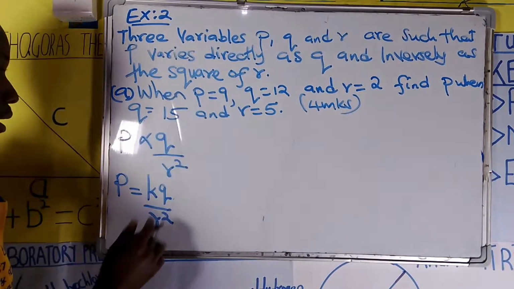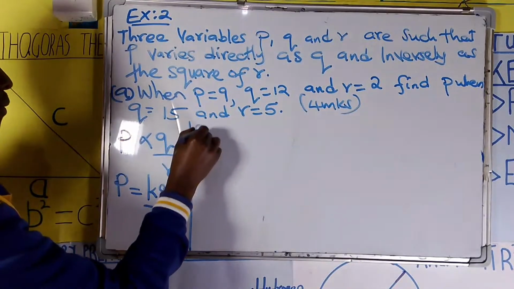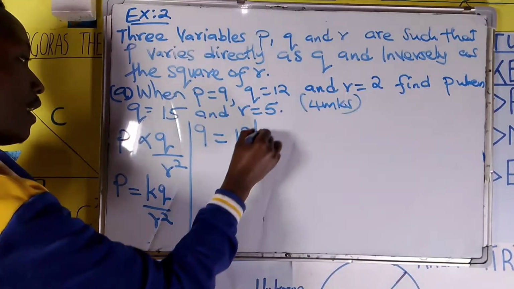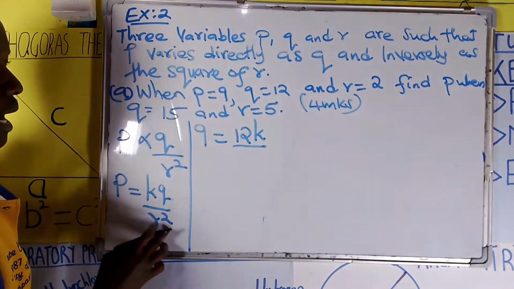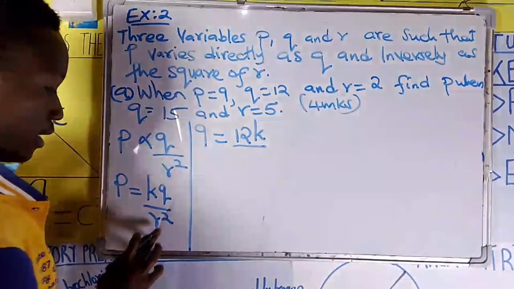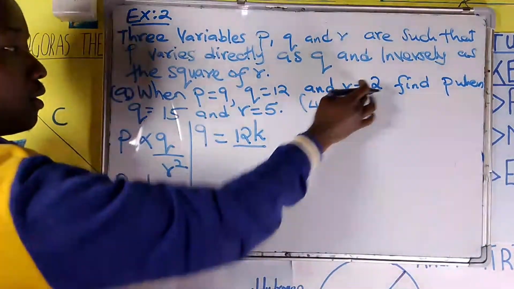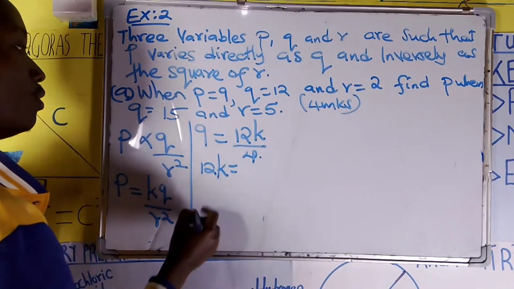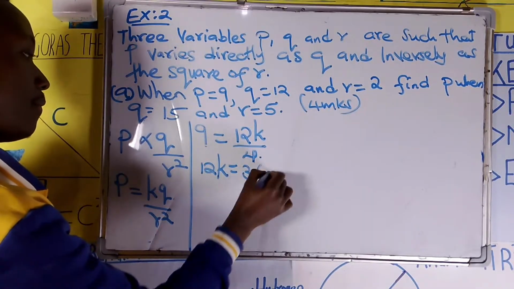When P is 9, Q is 12, so Q will be 12K over R, which is 2. So what is 2 squared? It is 4.